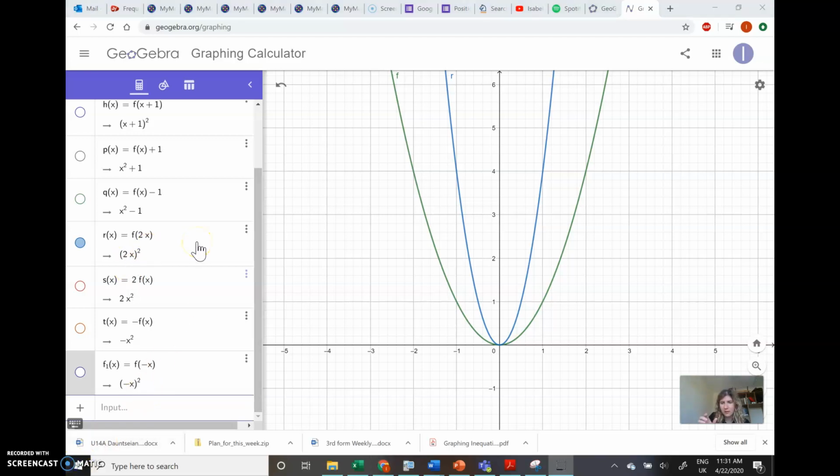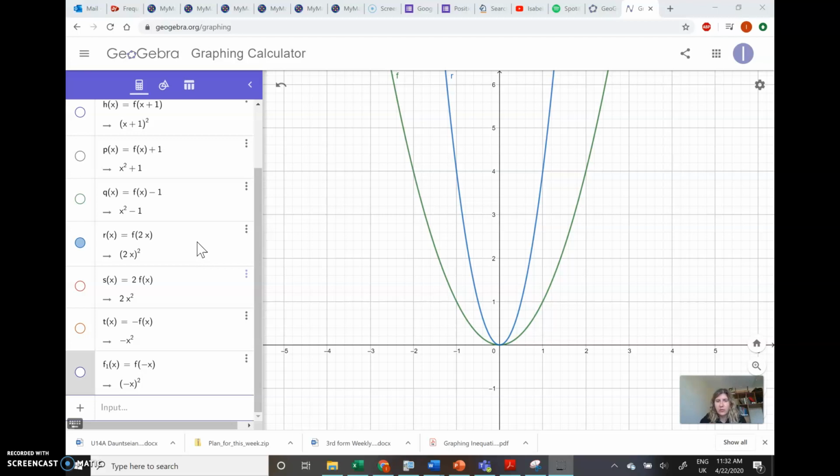If we were going to expand that out, that would be 4x squared as opposed to just 2x squared. That means every time you're multiplying your x squared value by 4 to get your new y value. So it creates this upward stretch, what we call a dilation or a stretch factor.